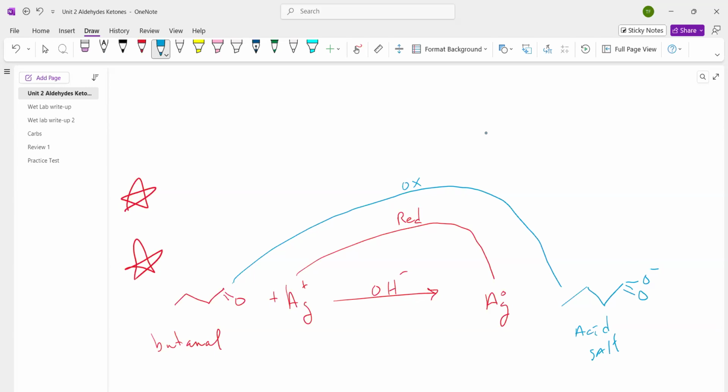Now what happens is, because it forms silver metal, it ends up turning the inside of the test tube mirror-like. It's a very cool reaction. The cool thing also about this reaction is this is how they fix antique mirrors. Antique mirrors were silver plated on the back to give the shininess to make it into a mirror.